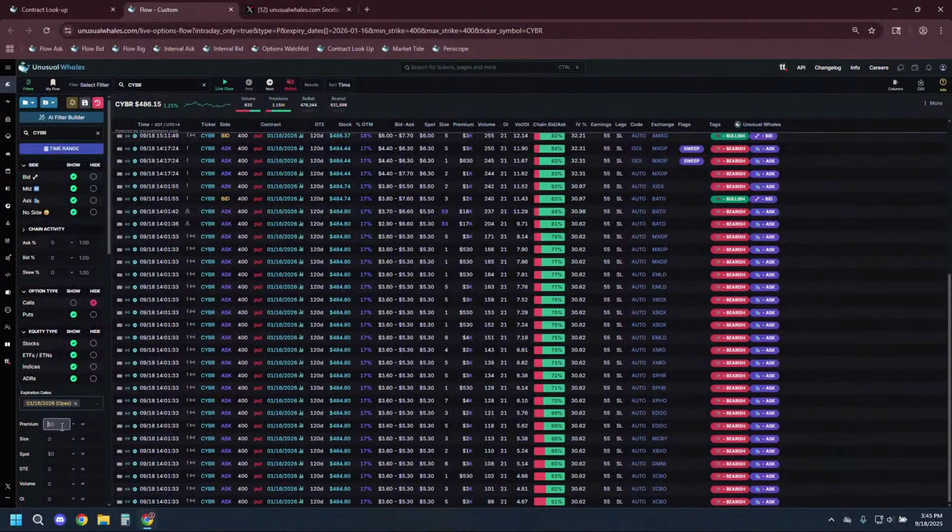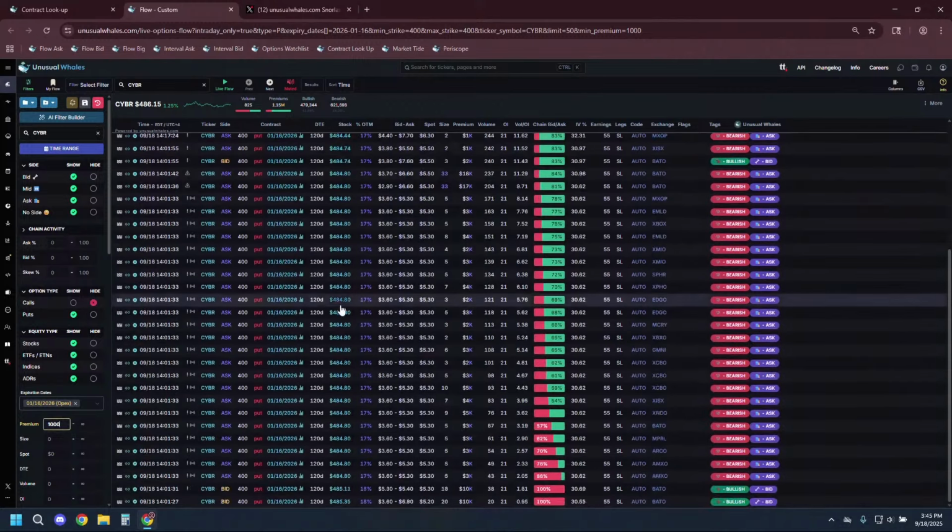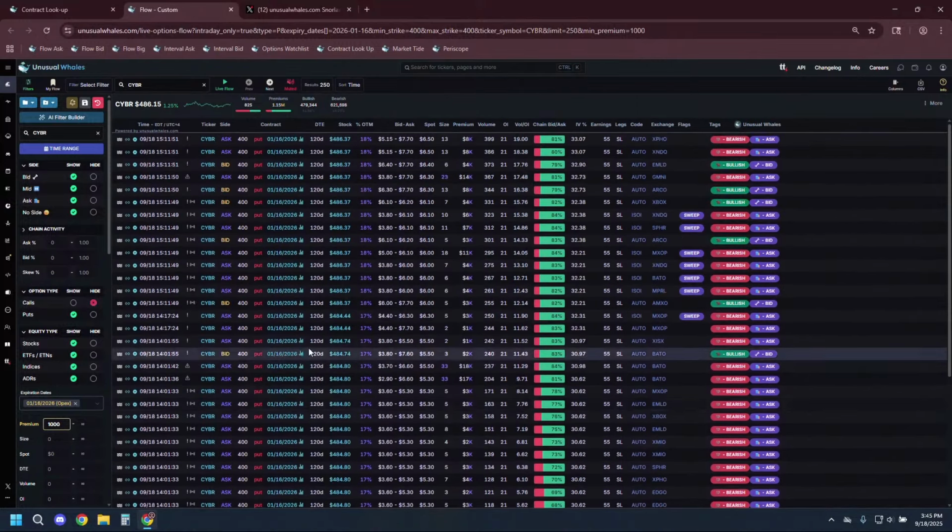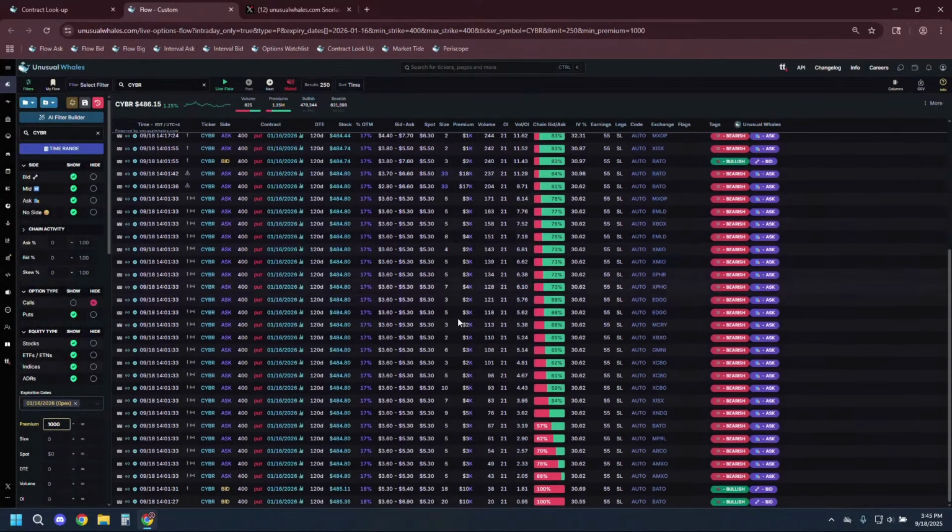The tape may not be very clear, but we will take a look. So this is the entirety of all activity for this specific contract. This specific contract has seen just 400 volume today. Does the tape say anything? Does it let us know?